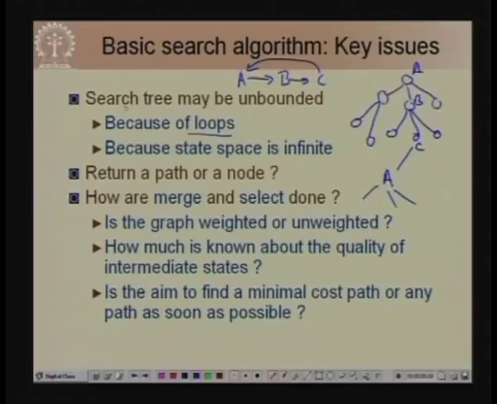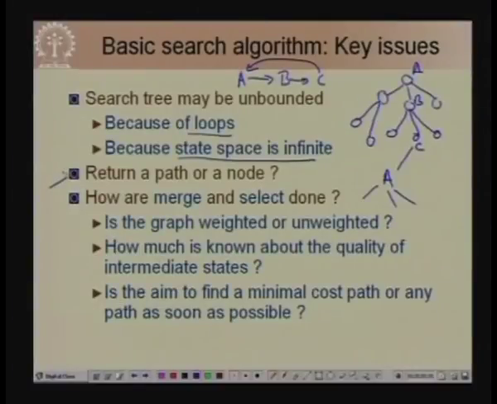So, in effect, even if the number of states is finite, the search tree may become unbounded if we unfold it like this. So, a finite state space may become unbounded because of presence of loops, and in some cases we will see the state space can itself be infinite. So, when we talk about a search algorithm, we have to handle these issues.